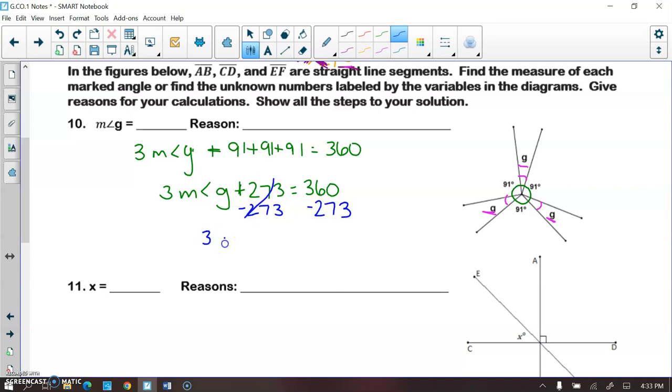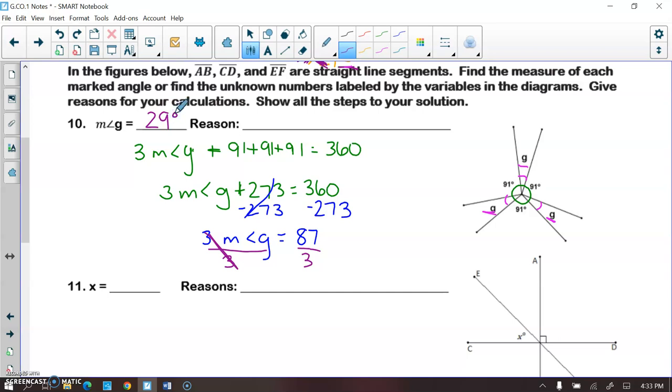And I get 3 times the measure of angle G is equal to 87. And then dividing by 3 on both sides, 87 divided by 3, I get the measure of angle G to be 29 degrees.